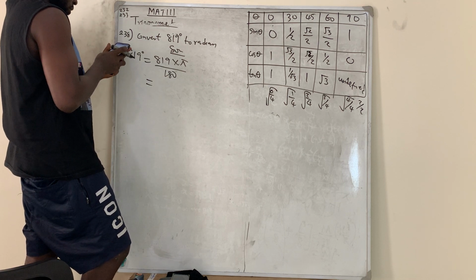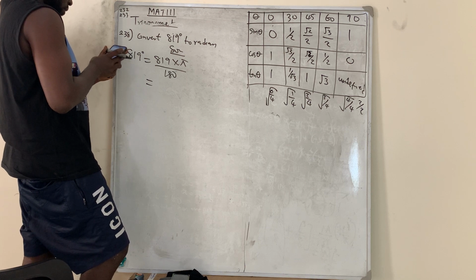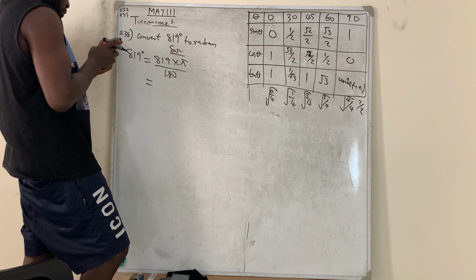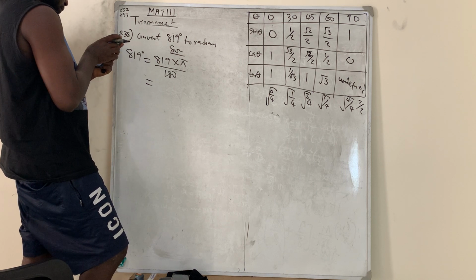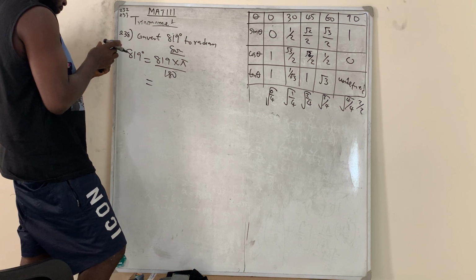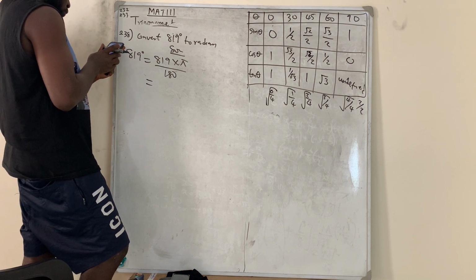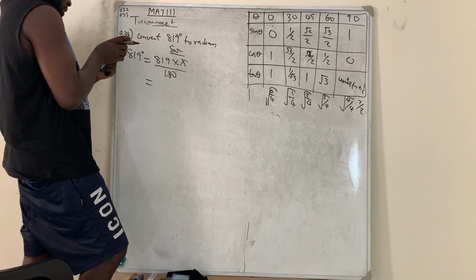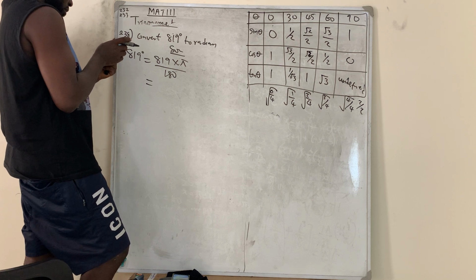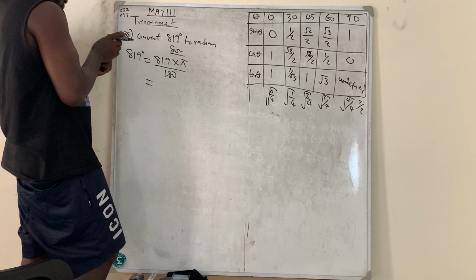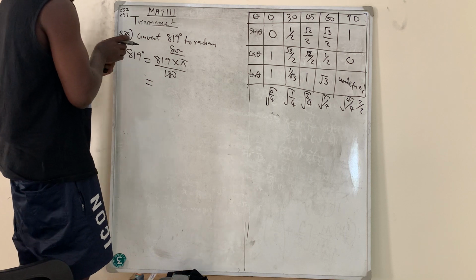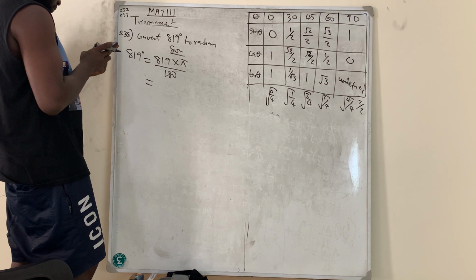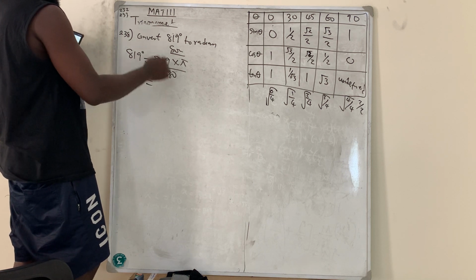Very simple. So 819 divided by 180. How do I put my answer in fraction? I'm thinking of how to convert. I don't know how this calculator works. So do it yourself. Just reduce these two to the lowest.